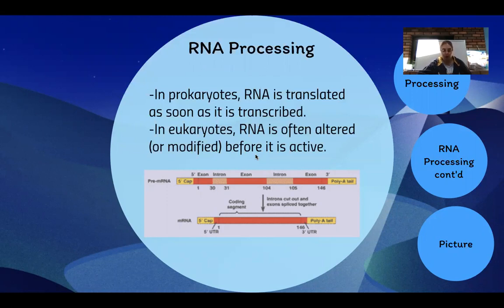So we're going to alter or modify it in some way before it leaves the nucleus and goes out into the cytoplasm to be translated. And that's what RNA processing is. It's getting the RNA ready to be translated. It does need to be altered first. So let's talk a little bit about that.